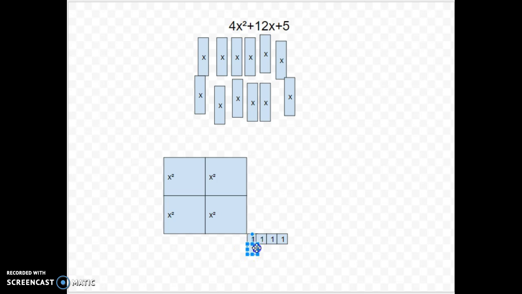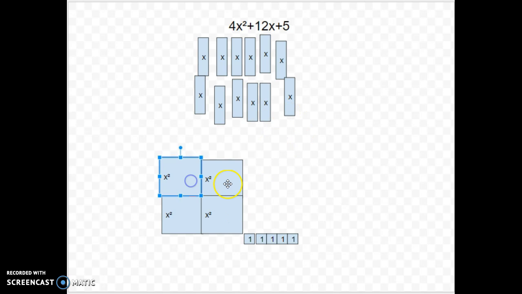Oops. It's going to be kind of tricky to move sometimes. Okay, here we go. Let's move these over so we can get them all fitting just right. And I'm actually going to change the color of these blocks to help you see it a little better.